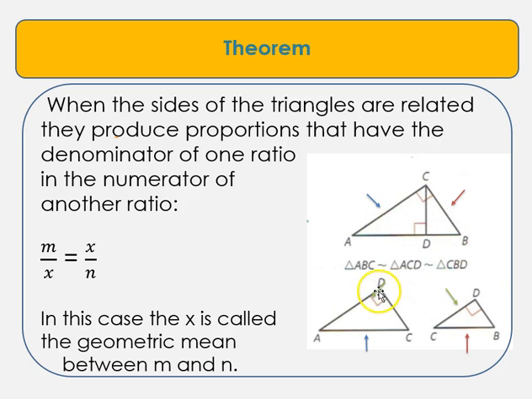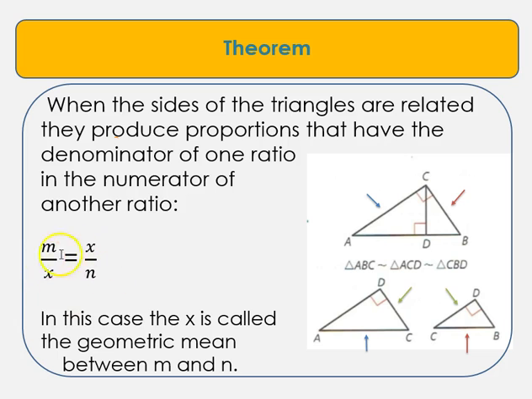And I showed you that both of these have a segment, which is the altitude, which is DC. And if we call DC X, we can now set up a proportion where X is in the denominator of one of the ratios and in the numerator of the other. They call this the geometric mean.